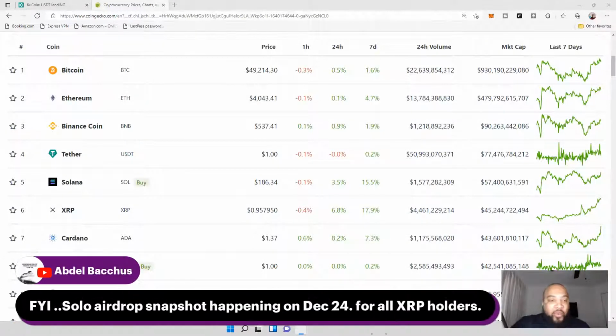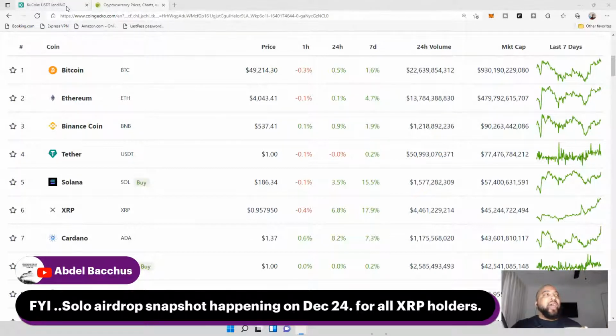Let's see. FYI, Solo airdrop snapshot happening on the 24th for all XRP holders. Yes, I'm glad that you brought that up. I don't know much about what Solo is. I'm going to be taking tomorrow, because I have a busy day today, and I'm not working tomorrow, so most of tomorrow, trying to figure out what Solo is, what it's all about, how do you participate.